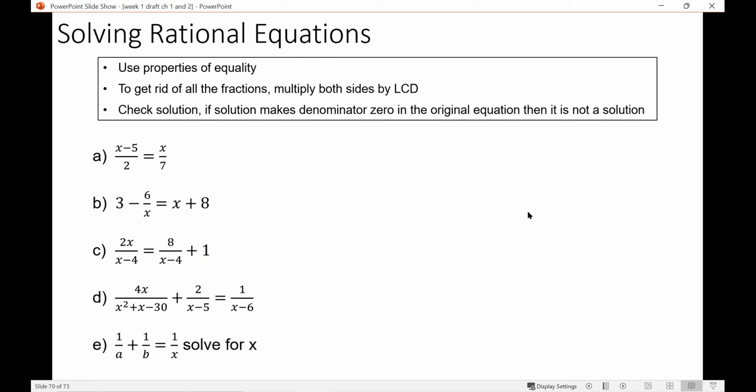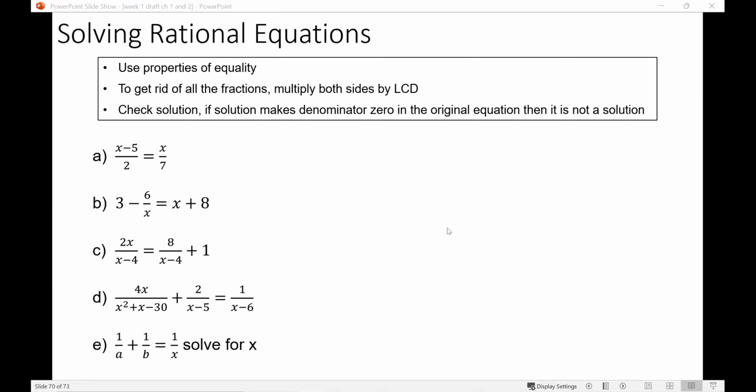Okay, let's go on to solving rational equations. I've got a handful of examples here that we're going to go through. Solving rational equations is not too different from solving other equations, except that we are going to still use all the properties of equality, but we're going to use a new technique to get rid of fractions.